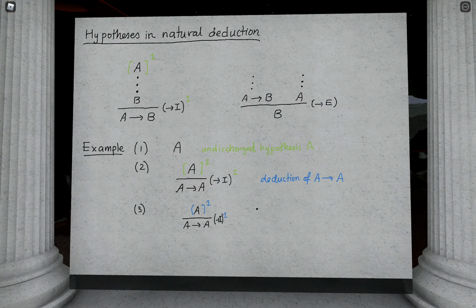And then I'll suppose given some other proof of A, call it pi, and then I'll use the elimination rule to get a deduction of A. So if pi is a deduction, that is, if it does not contain any undischarged hypotheses, then this is a deduction of A.